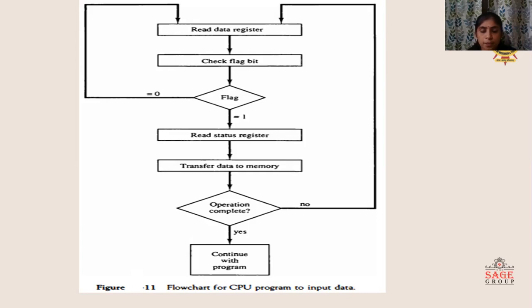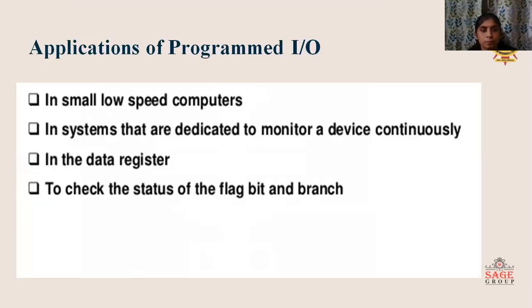Here we can say that the value of flag is very important, and based on this value of flag, the CPU will be able to read the data register value of the input output device. But in this case, the CPU has to continuously monitor the value of the status register.